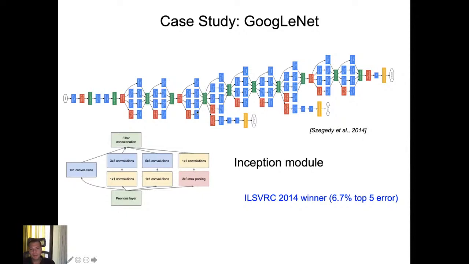And another question is, why fix the depth of the network? We are not sure what the best network depth to use is.